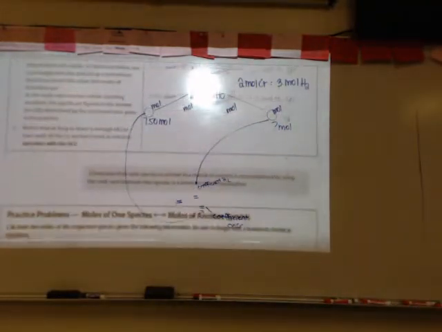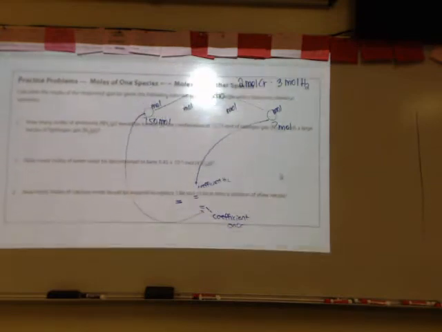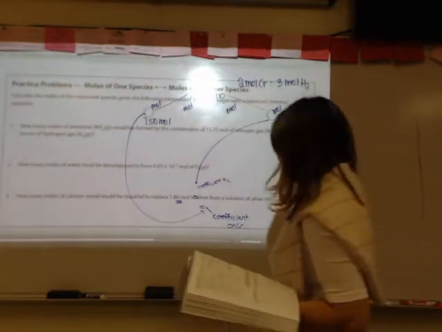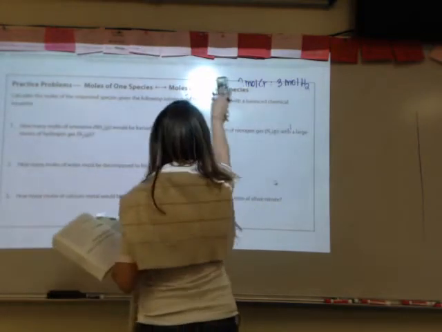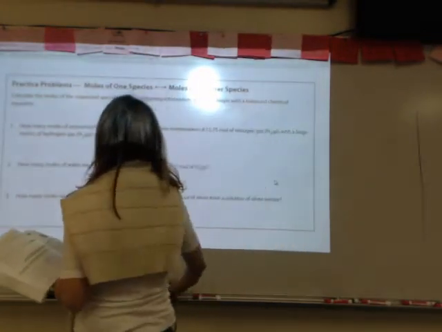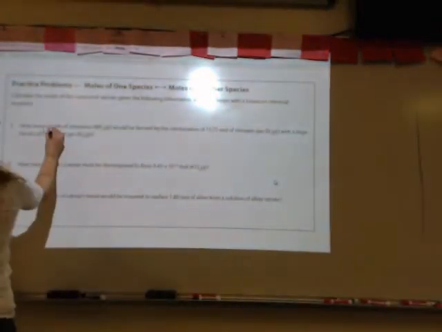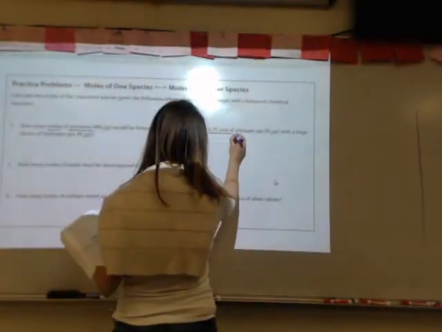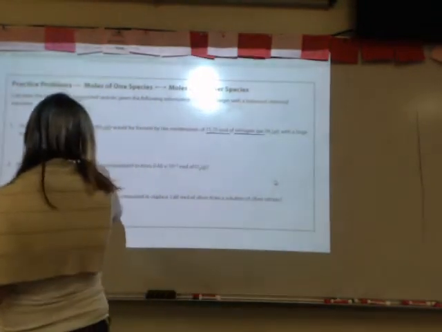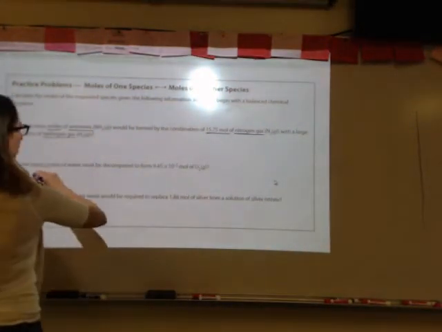Now we're going to use that here in the practice problems. How many moles of ammonia are going to be formed by combining 15.7 moles of nitrogen gas with a large excess of hydrogen gas?